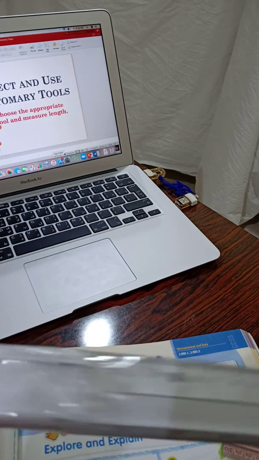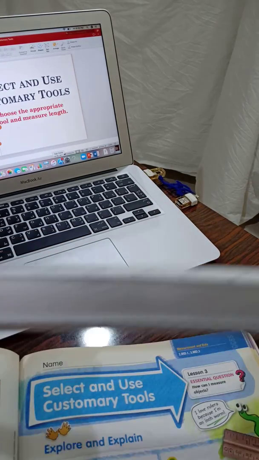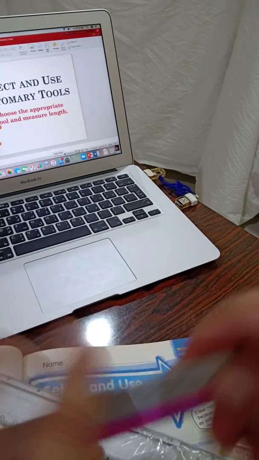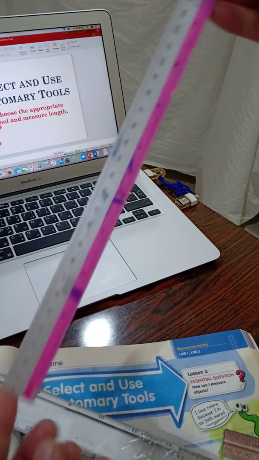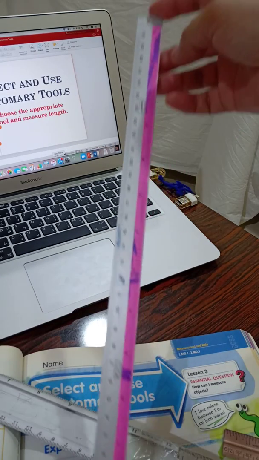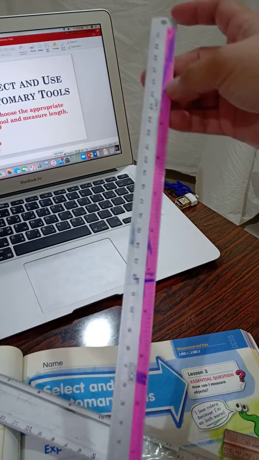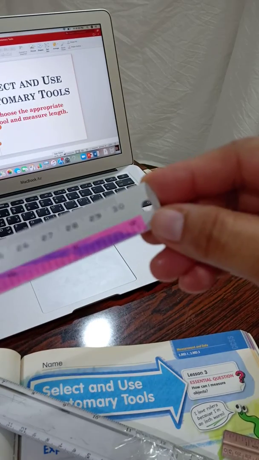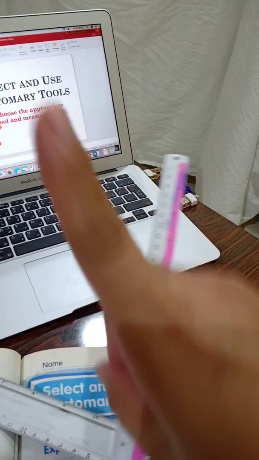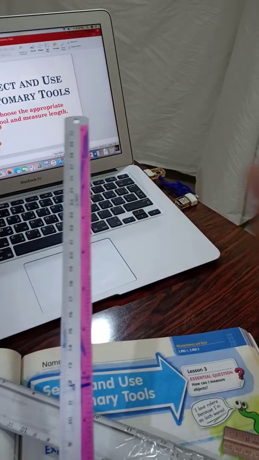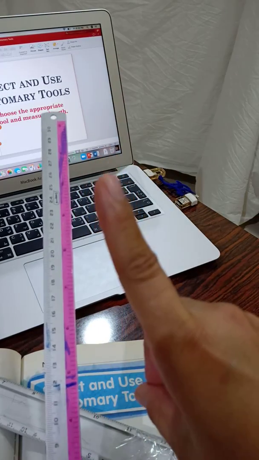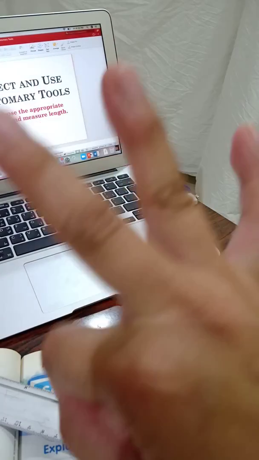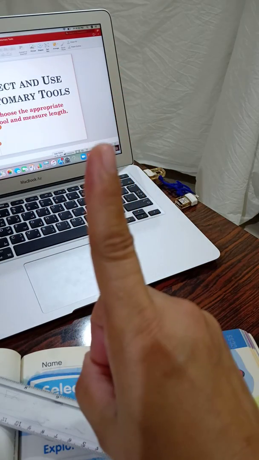And I have no yardstick, so I have my improvised yardstick. My yardstick is a combination of, I put the 3 rulers together, because one ruler, the 12-inch ruler, is equal to 1 foot. Now, we need 3 feet to make 1 yard, because 3 feet is equal to 1 yard.